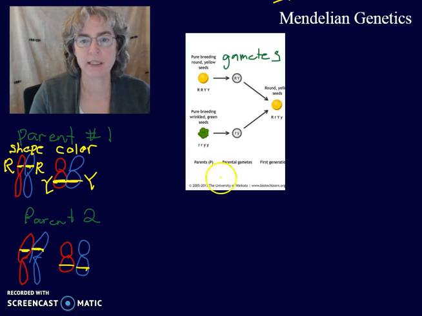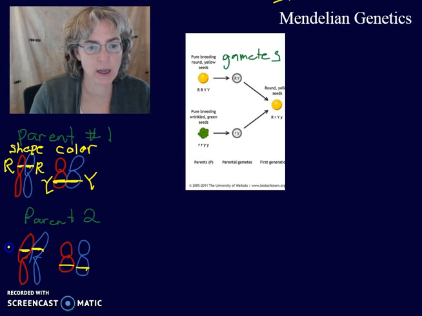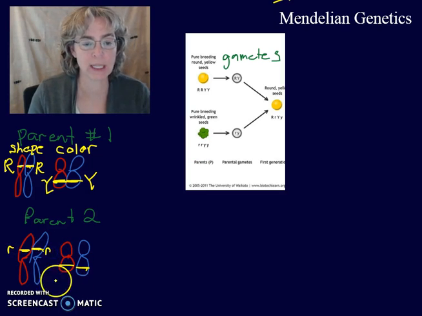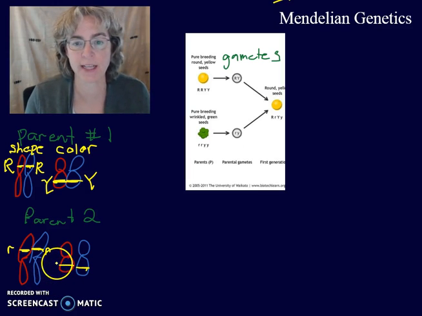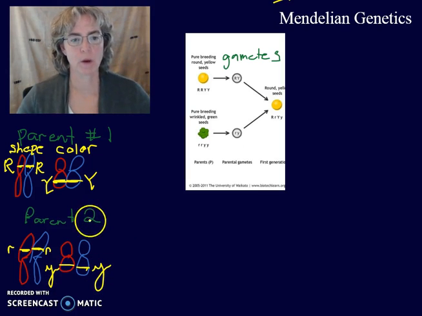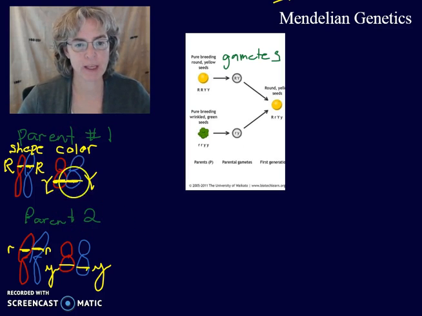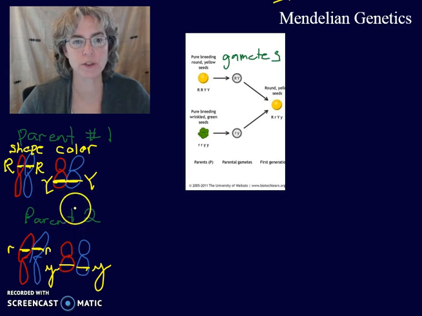But in this case, they are homozygous recessive for wrinkled. So this is a little r. This allele is homozygous recessive, so we're going to use little r, and then little y.